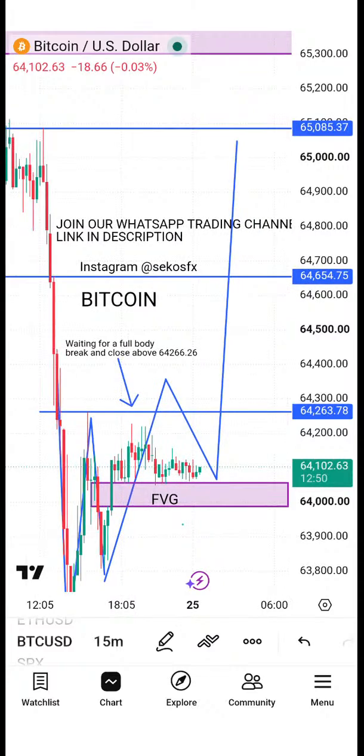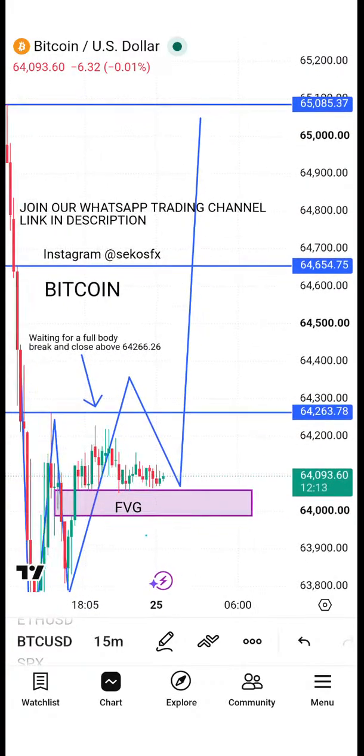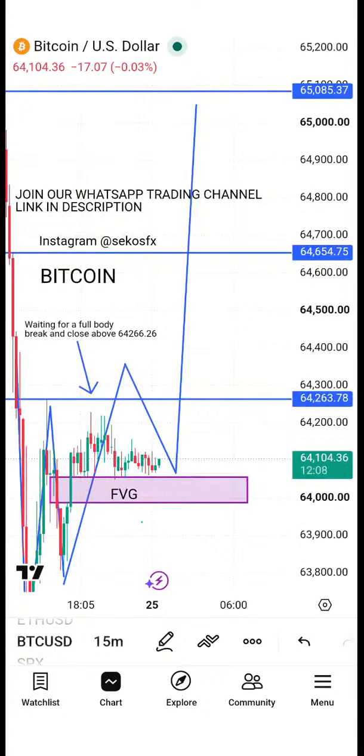Been waiting for this thing to break out for the past 1 hour 45 minutes. Go back to Bitcoin.